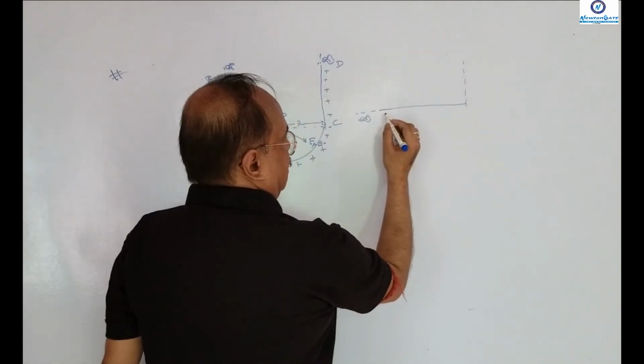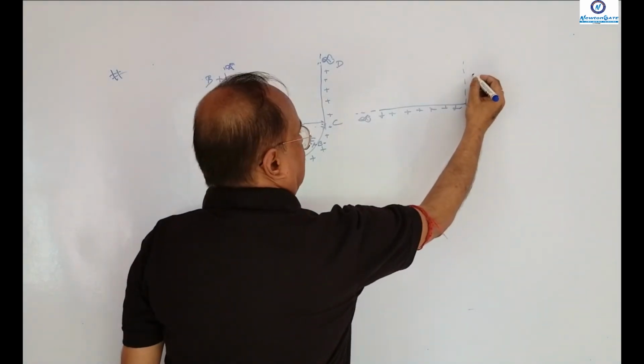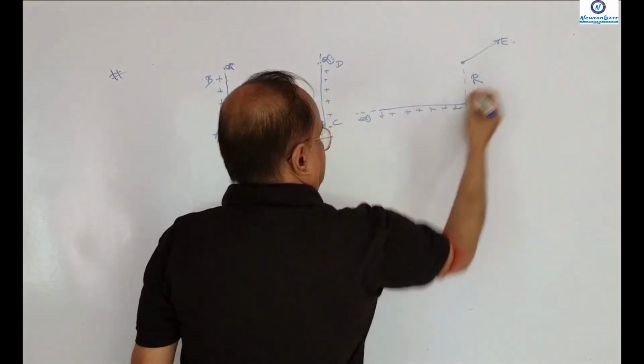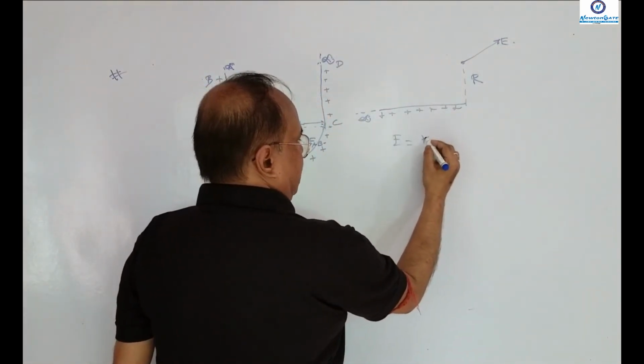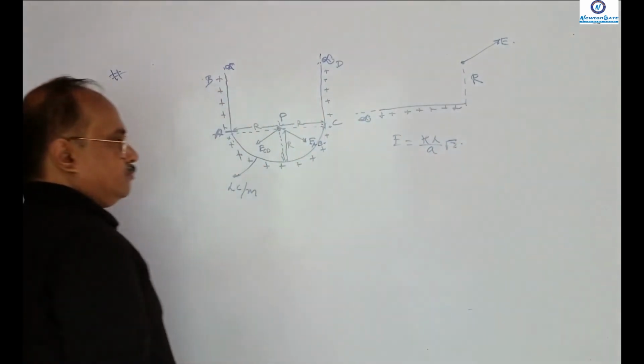Now already I have said to you that electric field due to this semi-infinite long linear charge density at a distance r will be this direction, and that electric field will be equal to k lambda by r root 2. Fine.